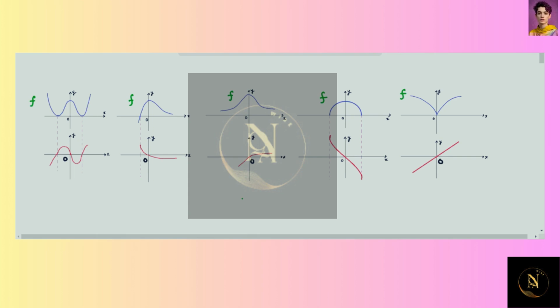It will be like a flip or mirror image of this, but that is not possible for every point. I am just talking about this particular point. It starts decreasing from here, but here it will increase. This is f dash.